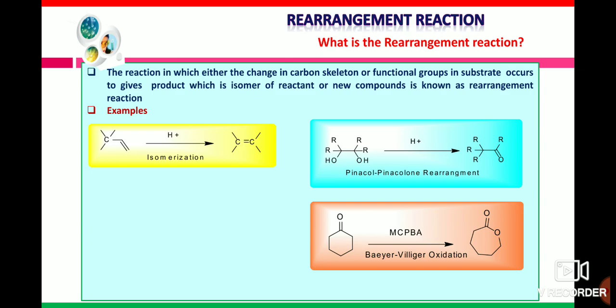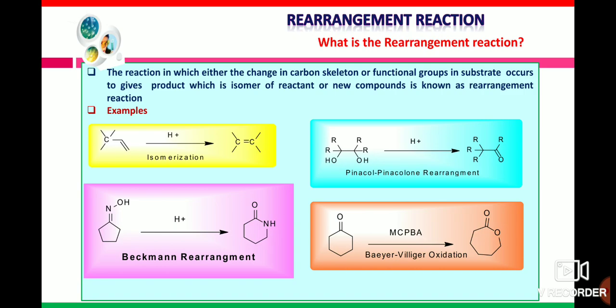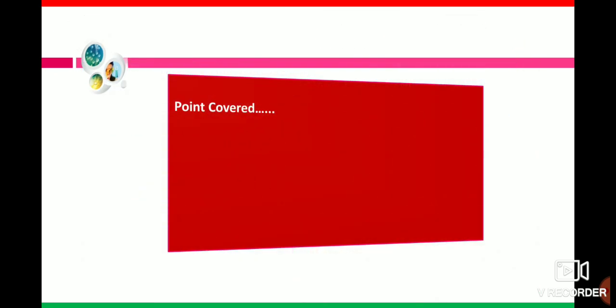This reaction is also a rearrangement reaction. And in presence of acid or Lewis or Bronsted acid catalyst, oxime of aldehyde and ketone can be converted into the amide. This reaction is also a rearrangement reaction, and this is known as the Beckmann rearrangement.